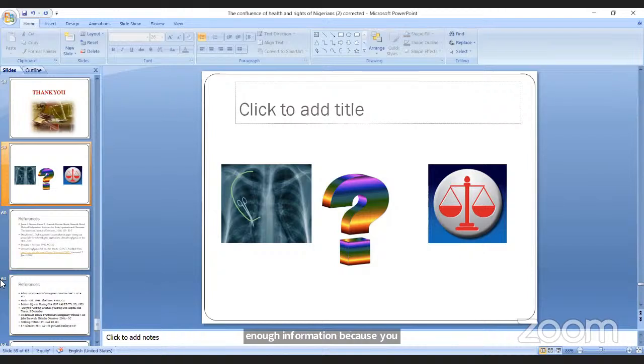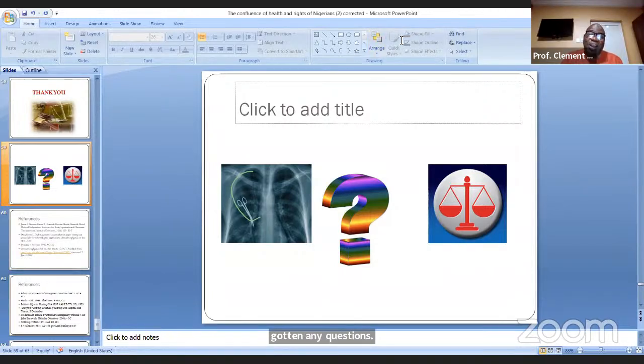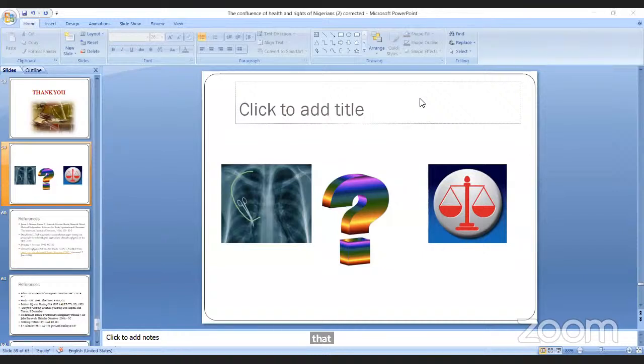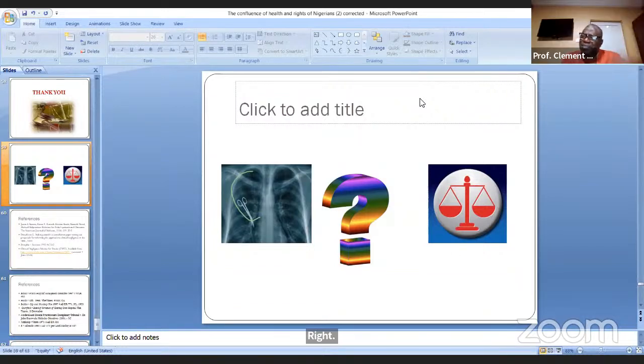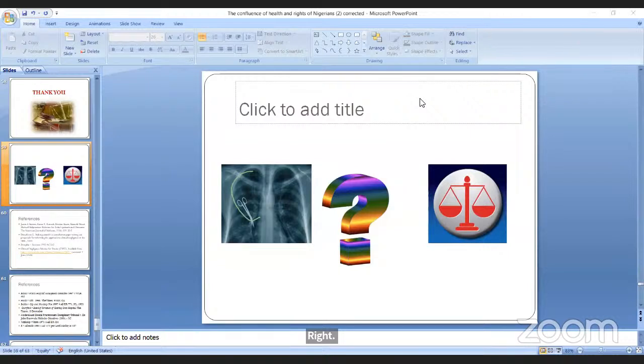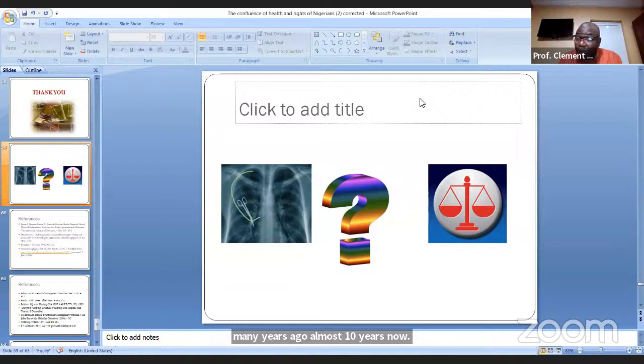There are ways. No, I get your point. You cannot say that. One of the reasons why the Medical and Dental Council, almost 10 years ago now, said that you should get 20 credit units, you know that. You should get 20 credit units minimum before you renew a license every year.